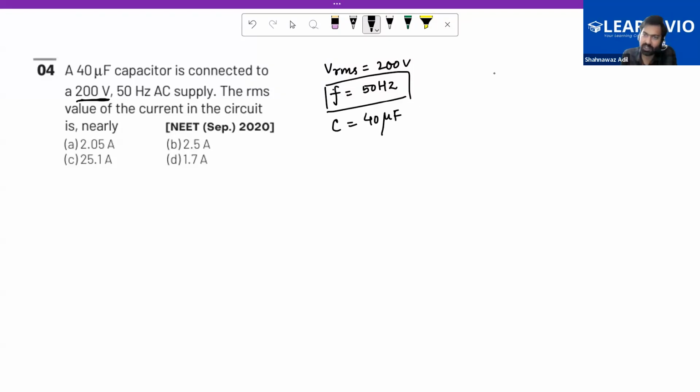Remember, this is the circuit. Circuit is only this one. So you have this C, and this is the supply that you have. This is E naught sine omega t. So what would be the only resistance of this thing? What would be that, guys?